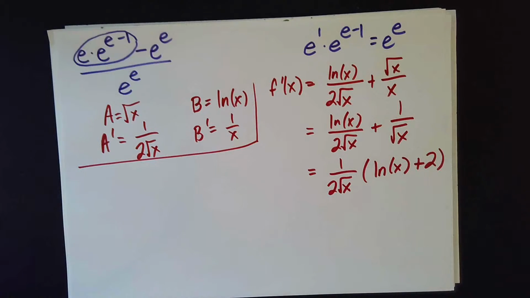Did you find where something went wrong for you? Yeah, it looks to me like the thing you did was forget that when you were factoring out the 1 over 2 root x, you forgot to factor that out of the second term.